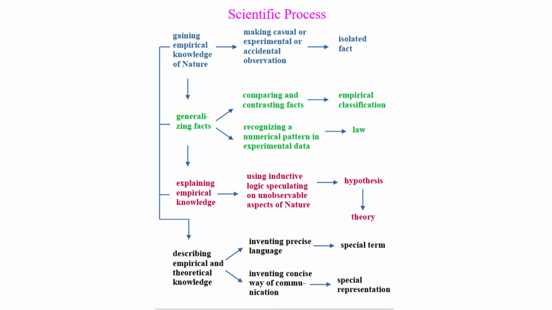The first tool is to invent precise language, and the result is a special term such as matter, molecule, and internal energy. The second is to construct a concise way of communication, and the result is a special representation such as symbol, formula, chemical equation, electron configuration, and molecular structure.